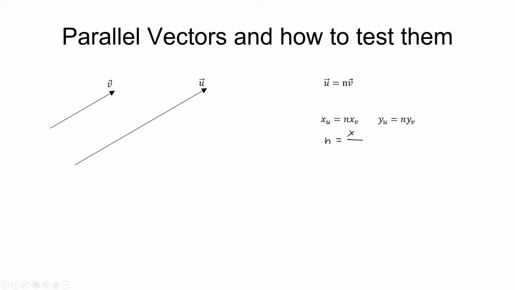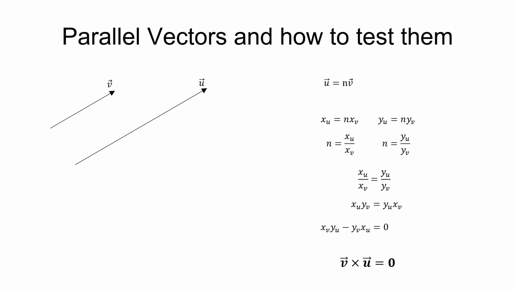Now rearranging the equations so that we have n on the left in both equations, and equating the right sides, let's get rid of the fractions, final rearrangement, and yes, this is the same equation once again.